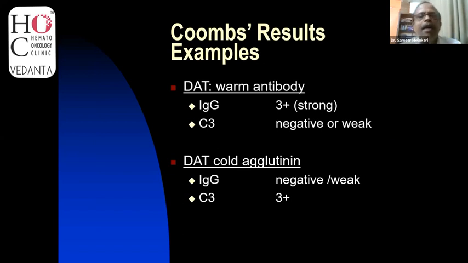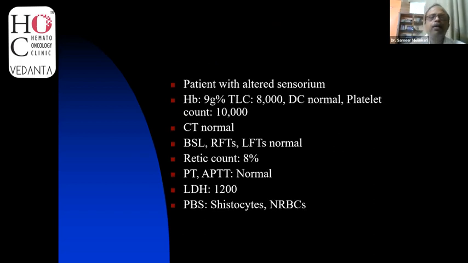Then you add the antiglobulin reagent and look under the microscope, and you'll see agglutination. This is called the indirect Coombs test, which detects the presence of antibodies in the patient's plasma. Okay, so that is about autoimmune hemolytic anemia.